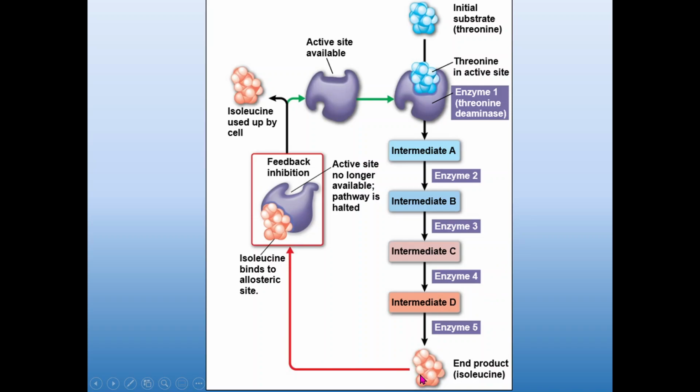That product is being used by the cell, but if we reach a level where we have enough, we don't need any more right now, that end product is going to come back around and bind into the active site of our first enzyme, effectively blocking that metabolic pathway. So this reaction can no longer continue until the cell says, I need more of that product. That product will be expelled from the enzyme, and this process can happen again.